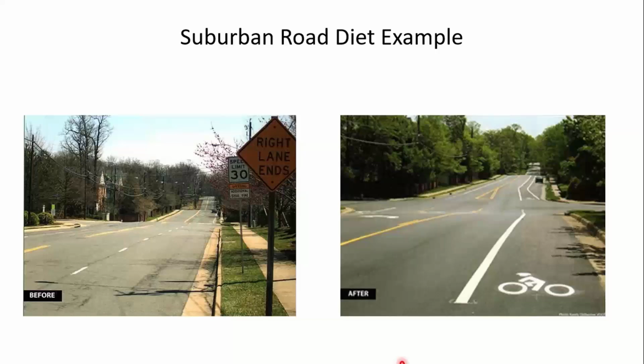We have a left turn lane in the center, and then a bicycle lane, probably on both sides, but certainly on the right side you can see the bicycle lane. Notice the before situation, not sure when this was taken, but we don't really see much, if any, vehicular traffic. So this looks like it would be suitable to reduce to 1 lane per direction and enjoy the benefits of the road diet.